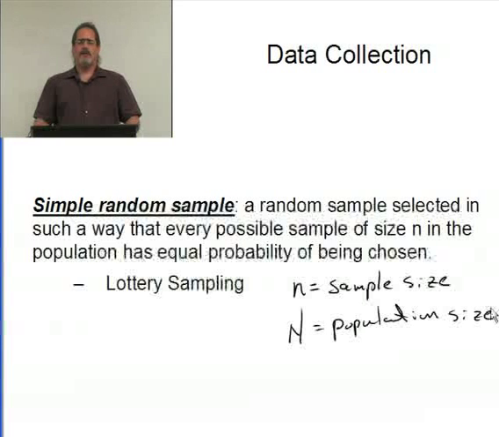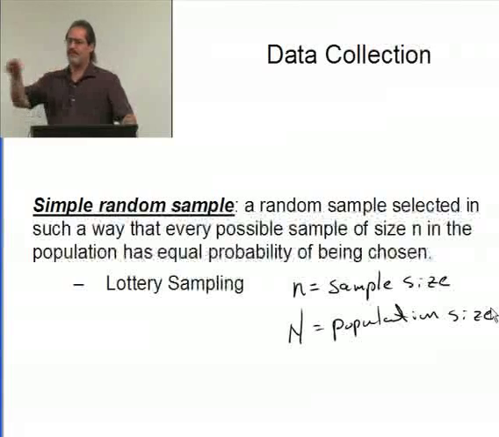Now, lottery sampling is a very common, very typical sort of simple random sample. Suppose you have 6 numbers you're going to choose out of 1 through 54, 6 out of 54. The idea here is that there are many, many possible different groups of 6 that you could actually take out of that 54. Think of 54 people in a room, and every person has a number.